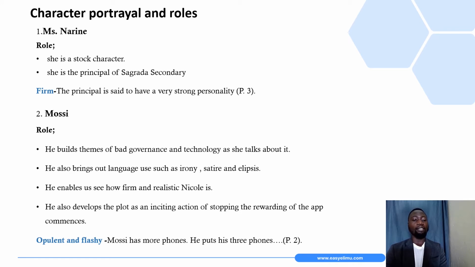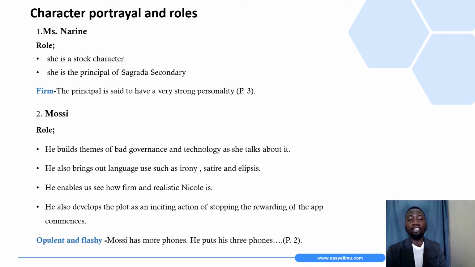Sorry, let me go back to that line again. We are told that Mosi also develops the plot as an inciting action of stopping the rewarding of the app. So he wants to ensure that the app is not launched, and again there are no rewards that are given.